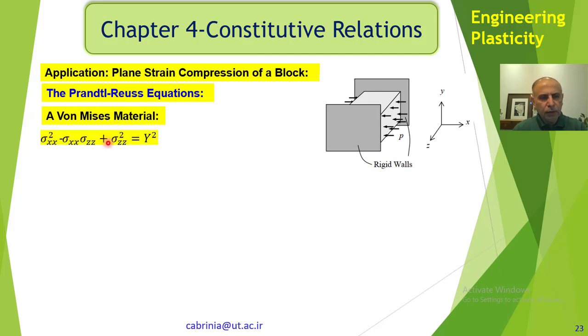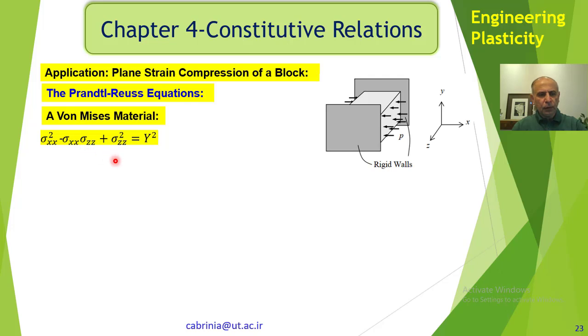Now if we use the von Mises yield criterion, considering that sigma Y is equal to 0, our yield criterion becomes like that. And so you can see that sigma XX squared minus sigma XX times sigma ZZ plus sigma ZZ squared equals Y squared.